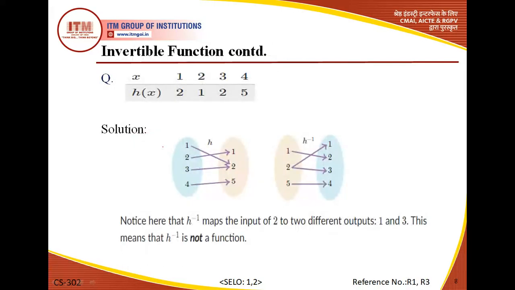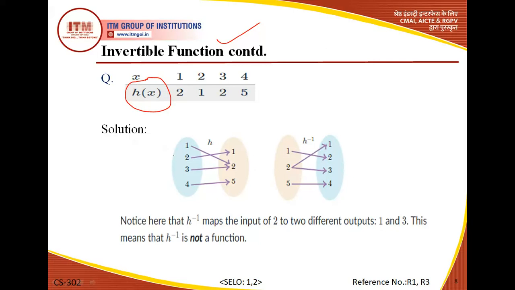Now let's see it over here. We have a question. The values of x are 1, 2, 3, 4, and the values of h(x) are 2, 1, 2, 5. So basically the function is h(x). We have named the function h(x), and we have to see if the function is invertible or not.